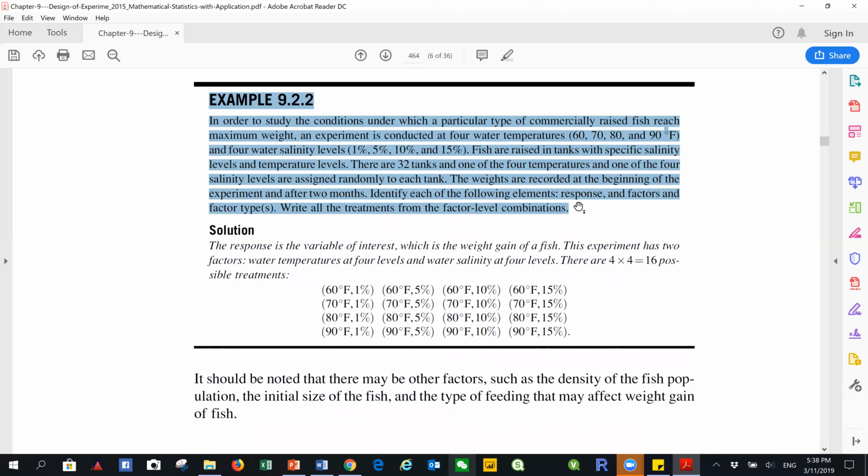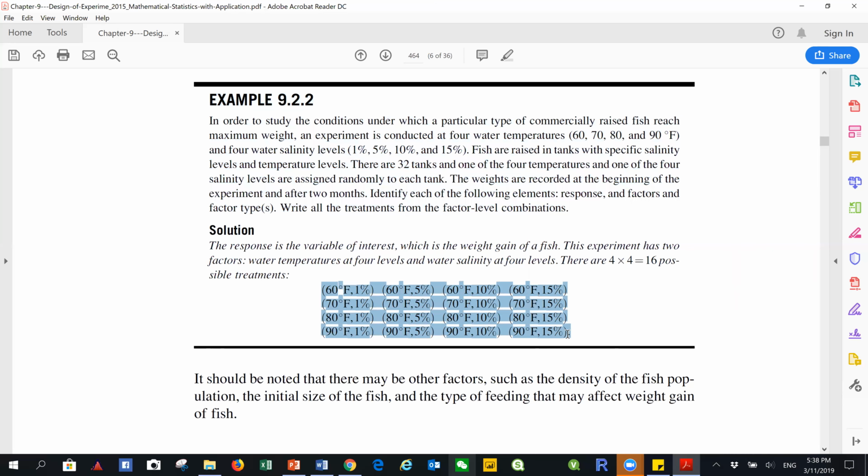So then we will see each of the following elements: response, factors, and factor type. Okay, to see what kind of combination, what kind of treatment. Here, with the 2 factors, the 2 independent variables, the control variables, each has 4 levels.